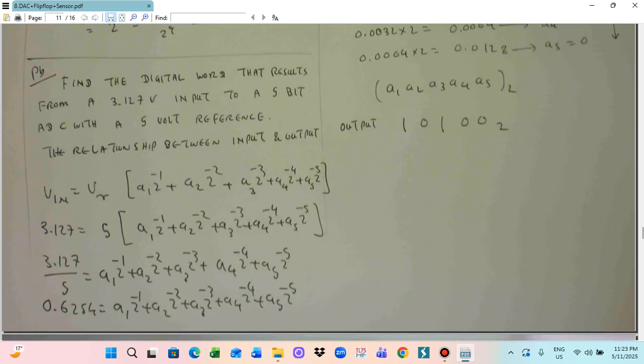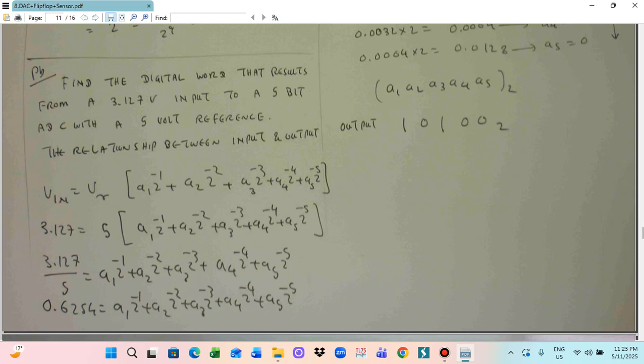The next one: find the digital word, the result from a 3.127 volt input to a 5-bit analog-to-digital converter with a 5 volt reference, and the resolution between the input and output as well. So therefore, we have to calculate. The input voltage is 3.127 volt, and the reference voltage is 5.